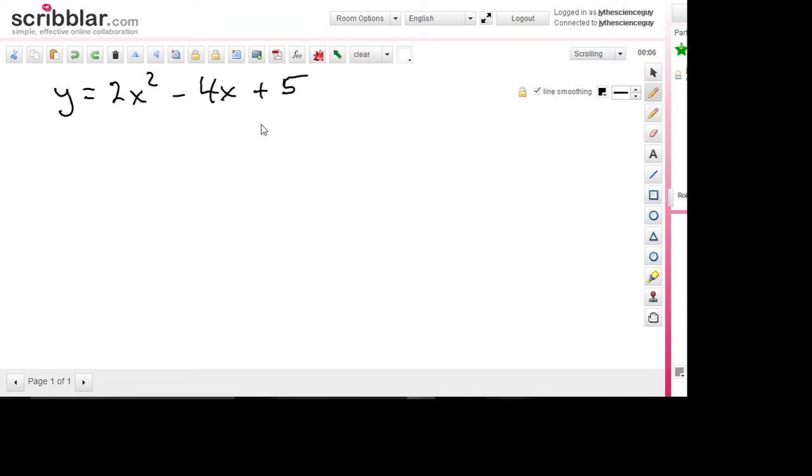So I'm going to try to do both. So remember that this is your A, that's your B, and that's your C. And so if I'm trying to find the turning point, another way of saying a turning point is saying what is the vertex. So we're going to try to find the vertex.